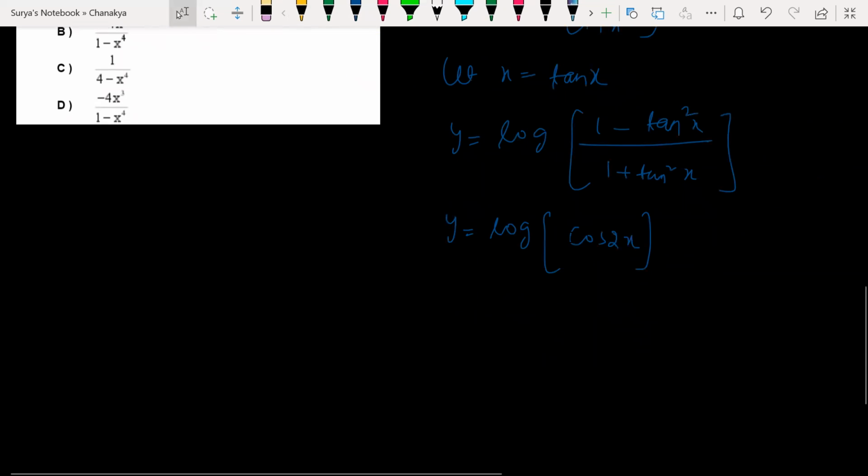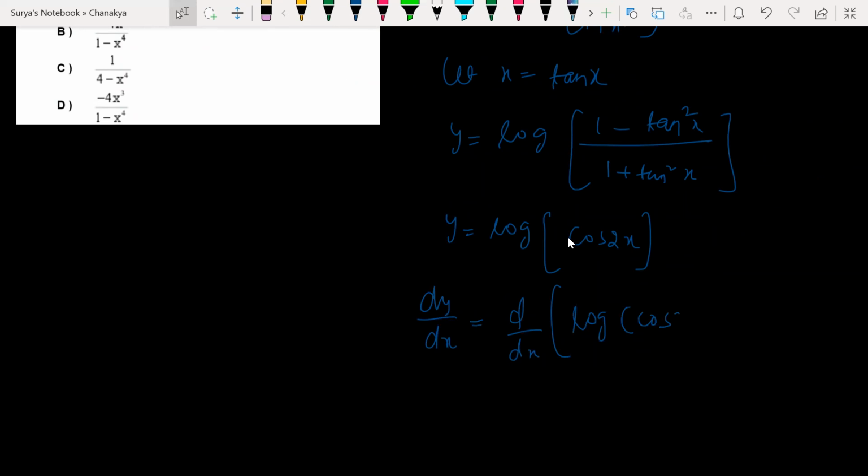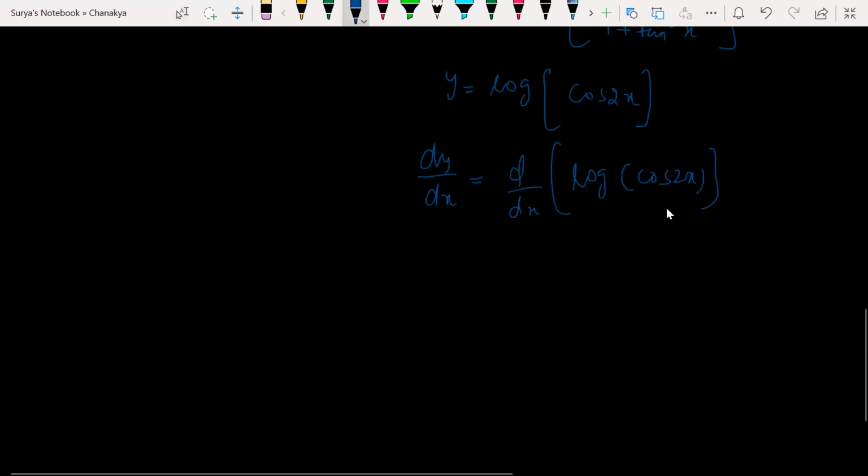Now I just made my y function. I have to differentiate this now. How can I differentiate? Look at this. dy by dx is equal to d by dx of log of cos 2x. d by dx of log x is what here? 1 by x into the inner function, chain rule.